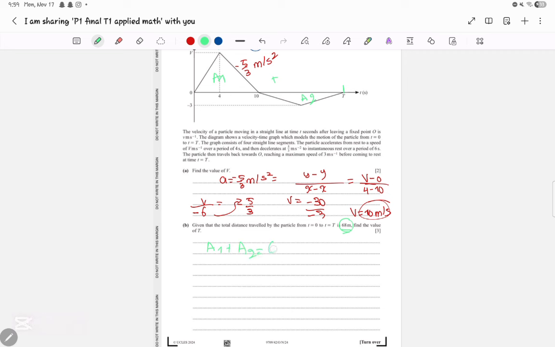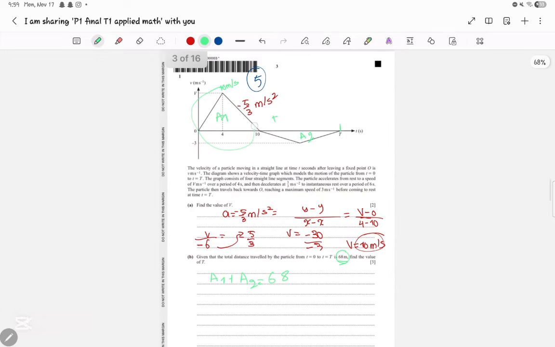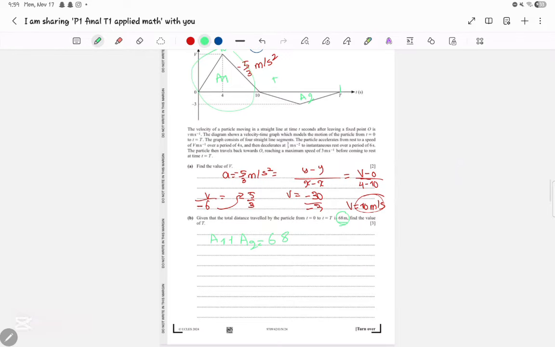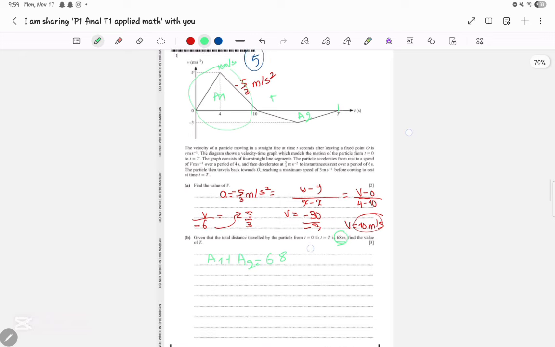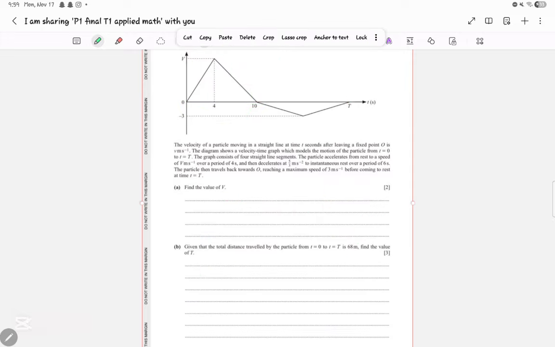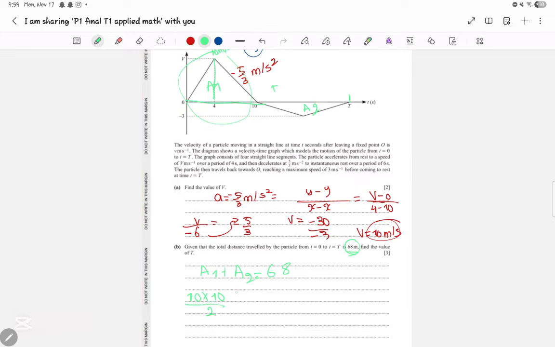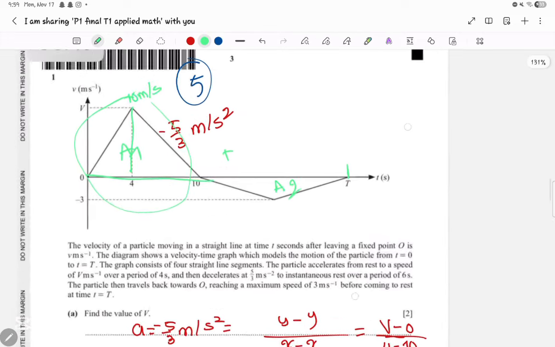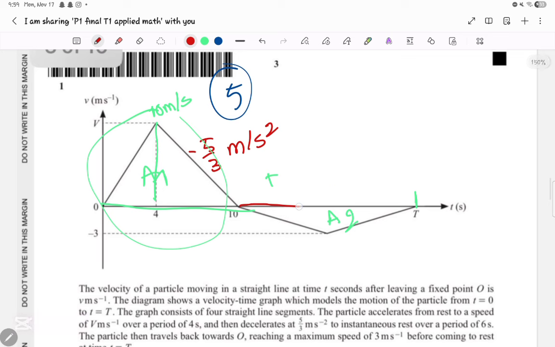I need to find the area of the graph because it's a velocity-time graph. It's base times height over 2. My base is 10, times my height, which is 10, over 2, in addition to area 2. How do I find area 2? It's the same concept, base times height over 2.